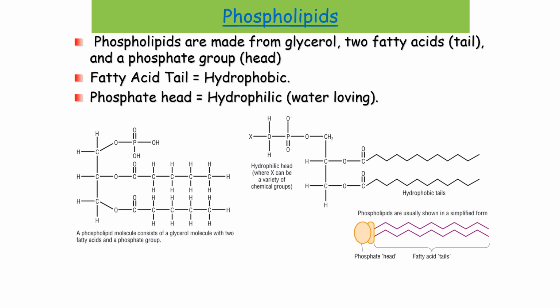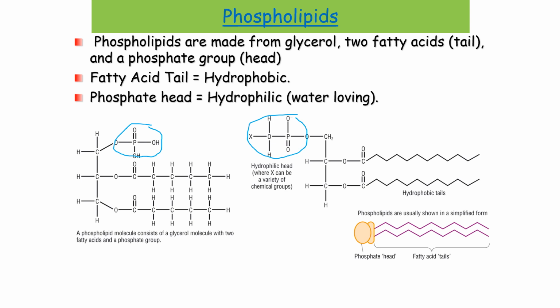So if we're looking at phospholipids, you need to be able to describe their structure again, and you could say that they are made of a phosphate head, which is hydrophilic. It is water loving, so that is the phosphate head in this version here. Apart from in real life, it bends and twists the glycerol, so it comes out to the front, as you can see here.